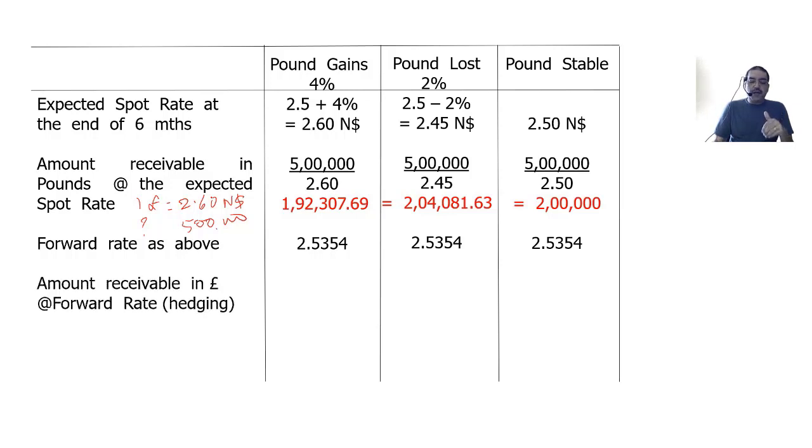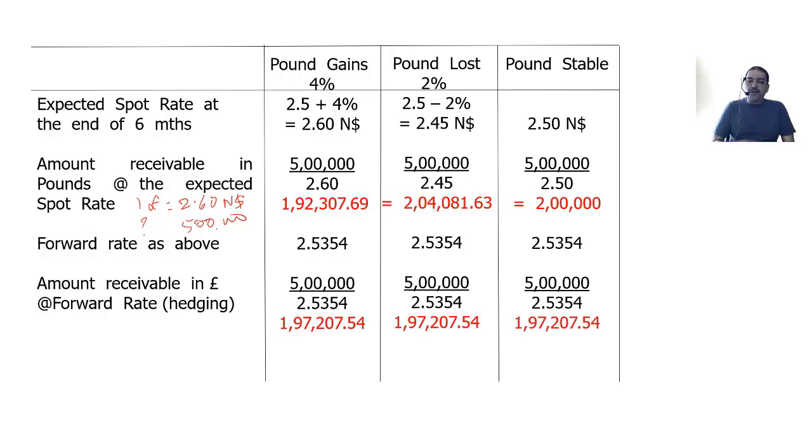Amount receivable in pounds at the forward rate, if hedging was done: 5 lakhs divided by 2.5354. In all three cases, I would get the same answer, 1,97,207.54.